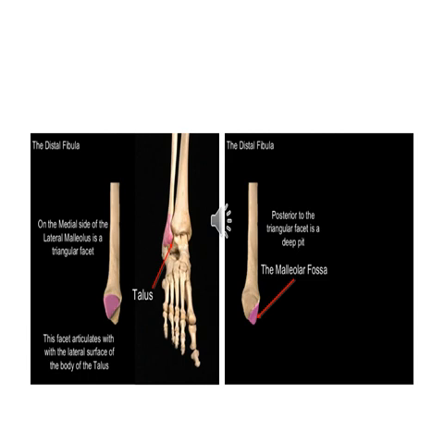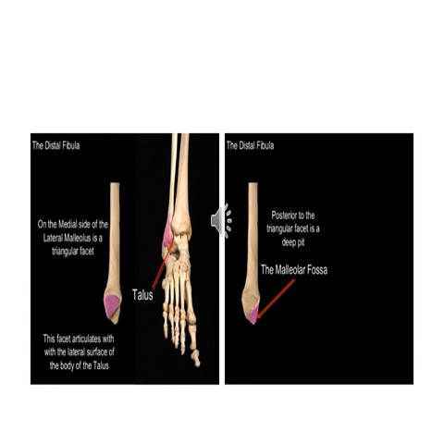You can see the talus, and on either side of the talus there are two facets. The medial comma shaped facet articulates with the medial malleolus of the tibia. Laterally there is a triangular shaped facet on the talus.